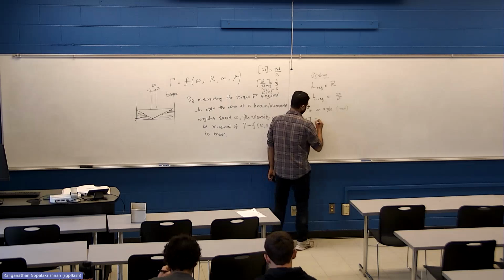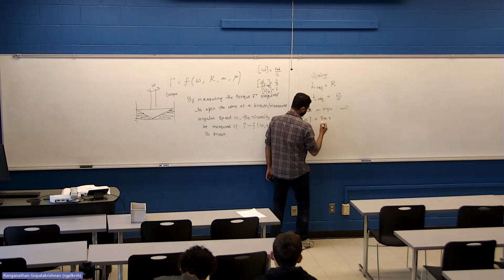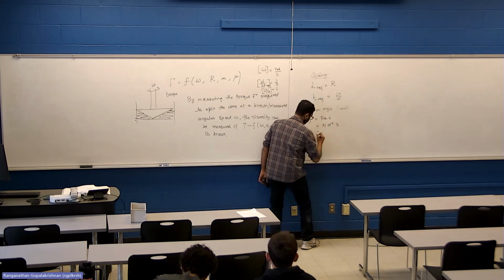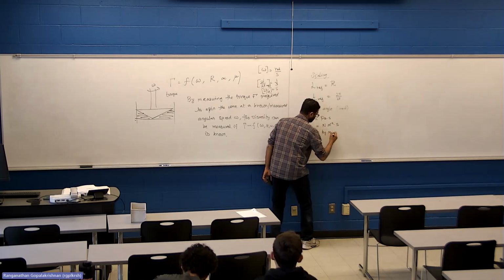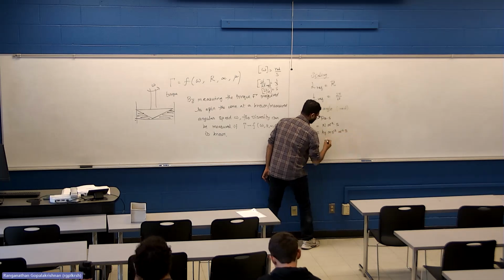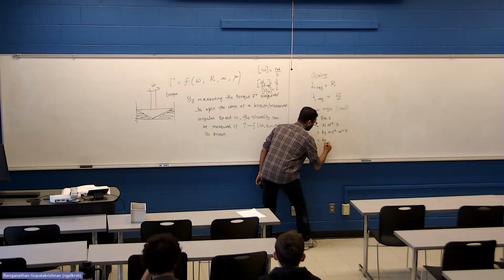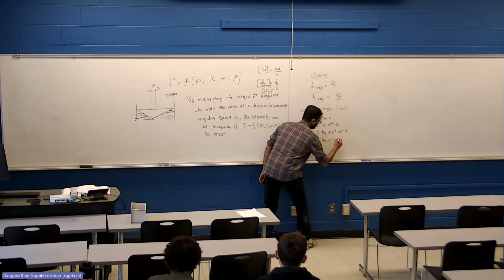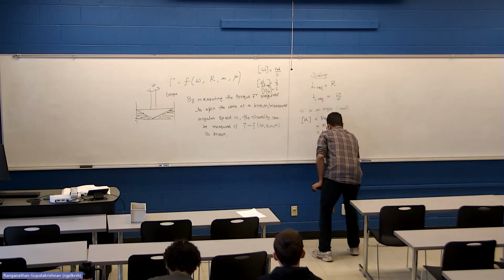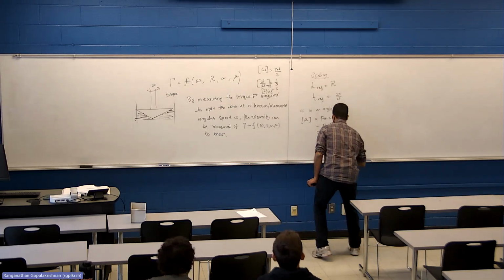Viscosity is Pascal times seconds. So that is Newton per meter squared times second. That is kilogram meter per second squared times per meter squared times second. Or this is kilogram per meter per second. Or the dimensions would be M L to the minus 1 T to the minus 1.